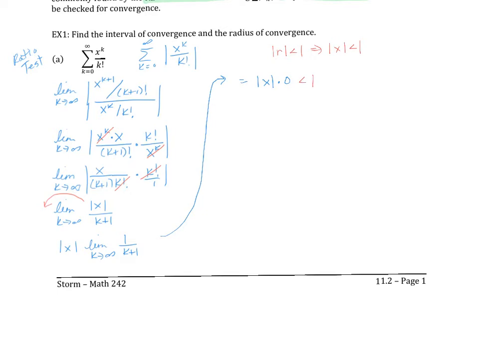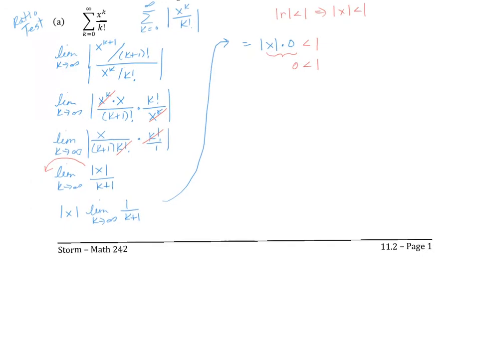we see that it really doesn't matter what the x is. Because I'm multiplying this by 0, this product will always be 0. 0 is always less than 1, no matter what x value I put in. So this is a special case where this will converge for all x. Right?